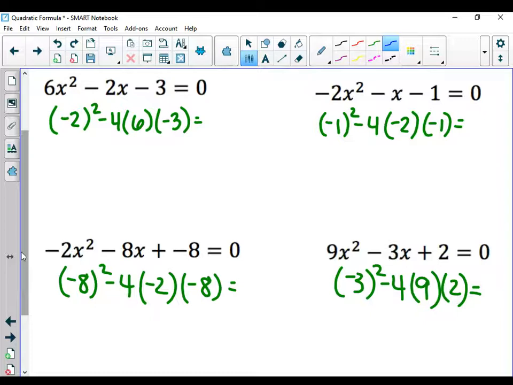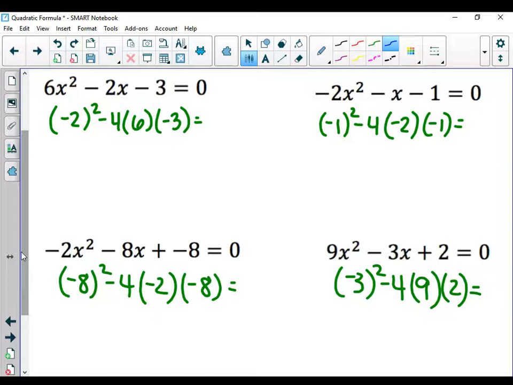Like I said, let it be a habit to put parentheses around your b value, whether it's positive or negative, it doesn't matter, which all of those were negative. Get in the habit so that you're not plugging the incorrect thing into your calculator or in your mind, okay?